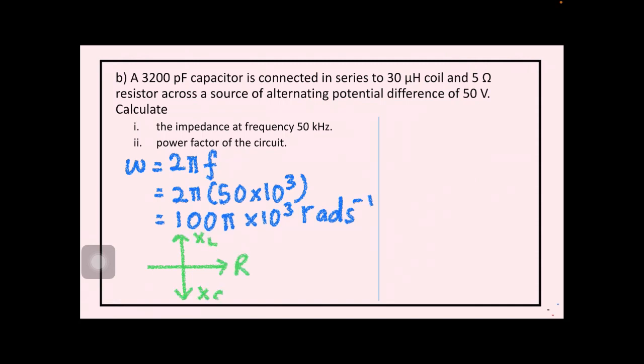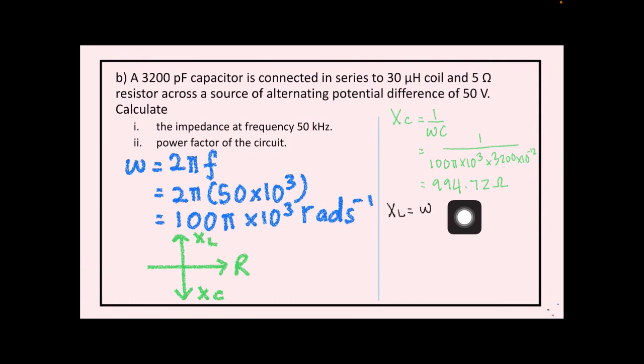So we have R, C, and L. We know that L is upwards, C is downwards. So XC equals to 1 over omega C, and our C is 3200 pico. Pico is power of negative 12. So we get XC equals to 994.72 ohm.